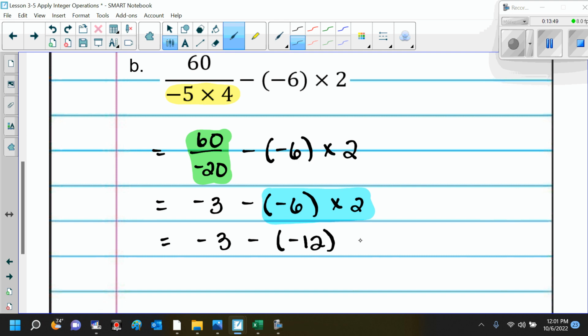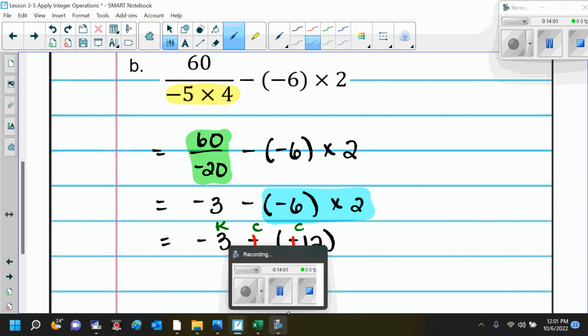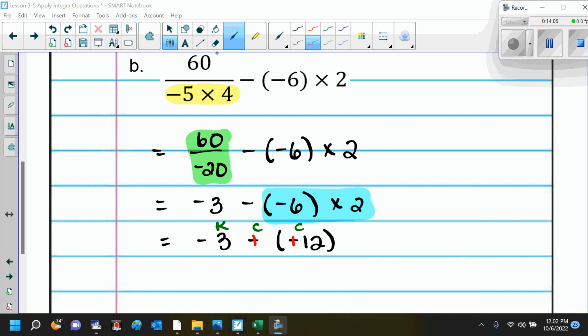And now I have subtraction. What am I going to do there? Now we're going to do keep, change, change. So that negative 3 stays the same. The subtraction becomes addition. And that negative 12 becomes positive 12. So here, now we are adding integers with different signs. What's the rule for adding integers with different signs?